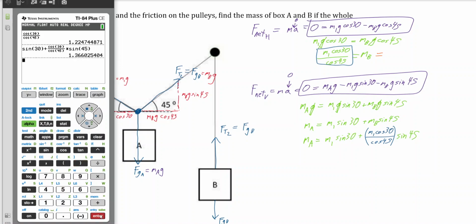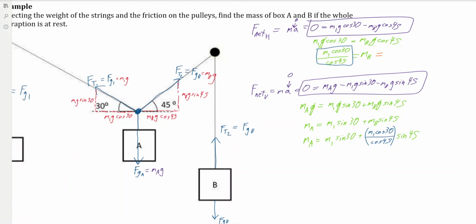So our first mass, MB, is 1.2247. Our second one is 1.366. So let's go ahead and just write those down. 1.2247 and 1.366. So these are both in kilograms.